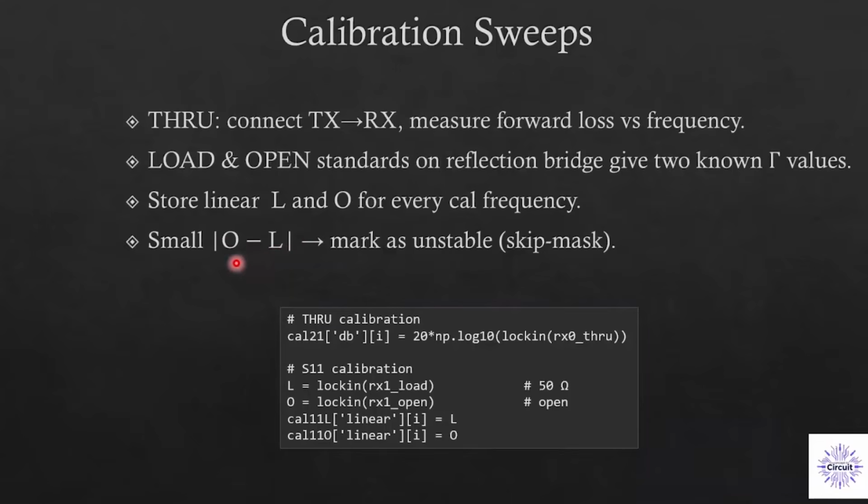So whenever the open and load amplitudes in the calibration I'm doing get very close to each other, I mark those points as the points that, based on my calibration, I cannot rely on in my measurements from this RF bridge. So I just skip those points when I'm sweeping.